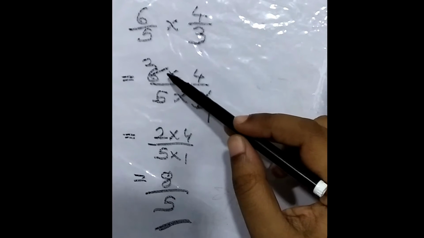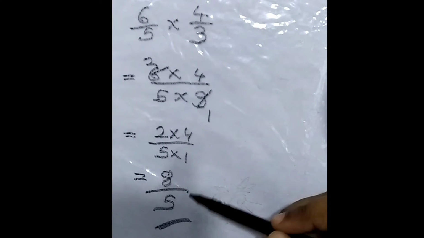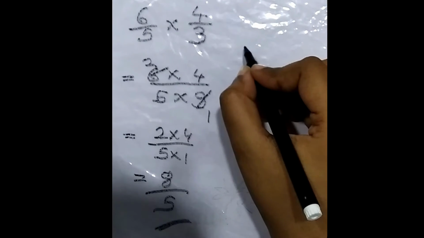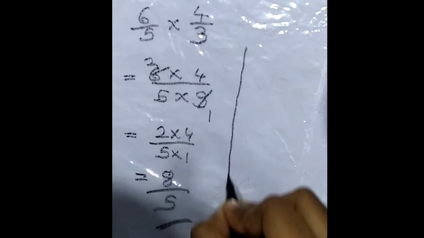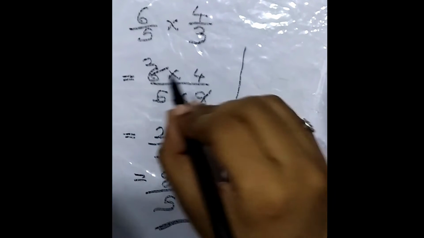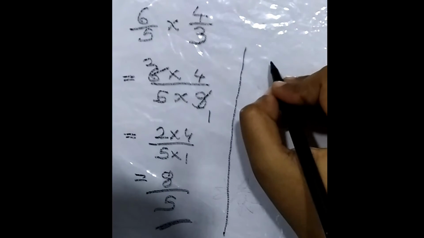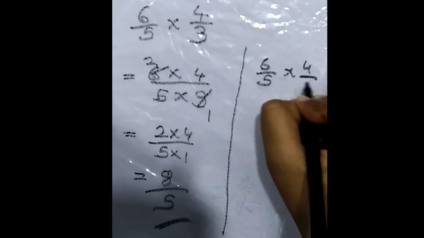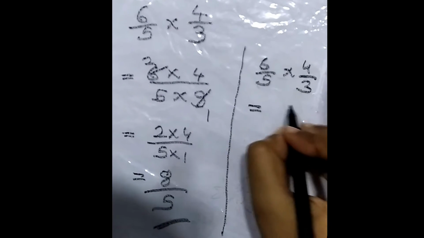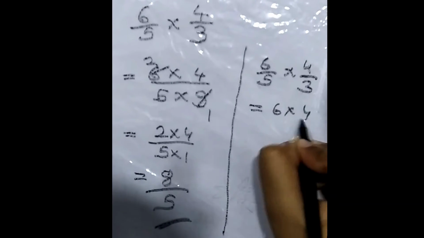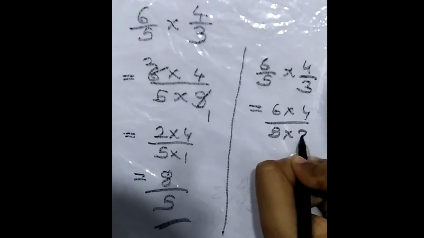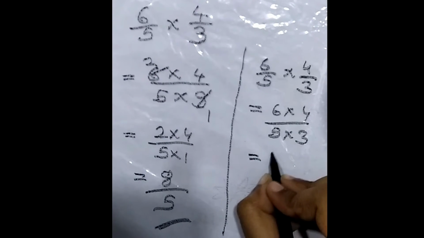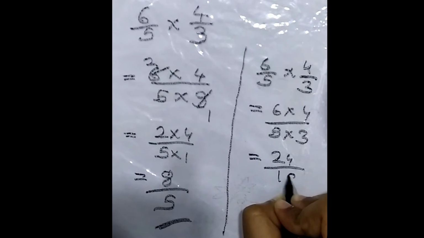If you have not reduced it here, then the number will be bigger. See, if you are not cancelling here and write it as it is, it equals 6 4s are 24 upon 5 3s are 15.